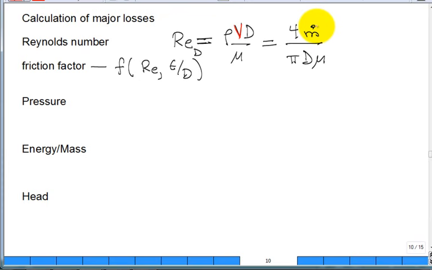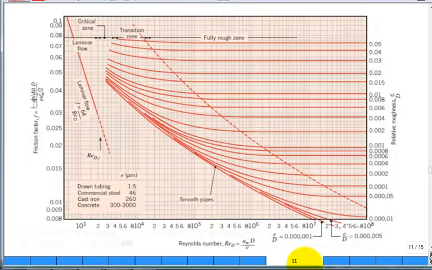Once you have the Reynolds number and they tell you something about the roughness of the pipe, you compare it to the diameter of the pipe, you have the relative roughness. How do I get the friction factor? Go to the tables or go to the chart. This chart. In the United States, we call it the Moody chart. He published a paper, and we recognize his contribution, but probably in Russia it's a different name. But a similar plot.